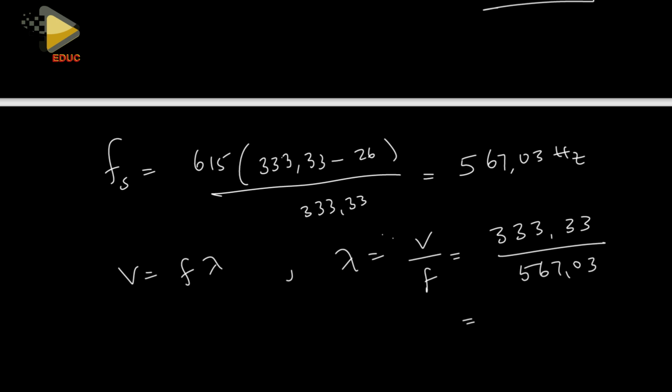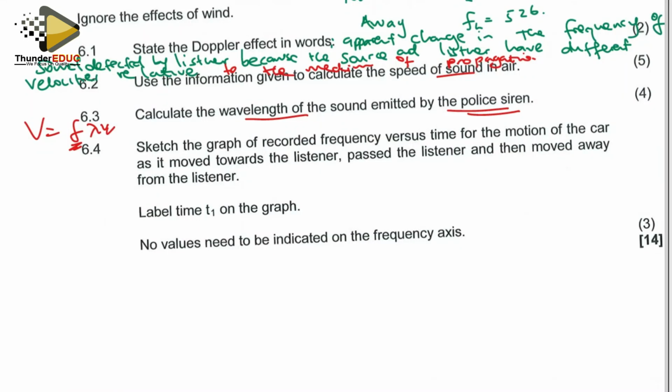So what do we end up with? 333.33 divided by 567.03. That gives me 0.588 meters. Okay, so that is the wavelength that the question needed.